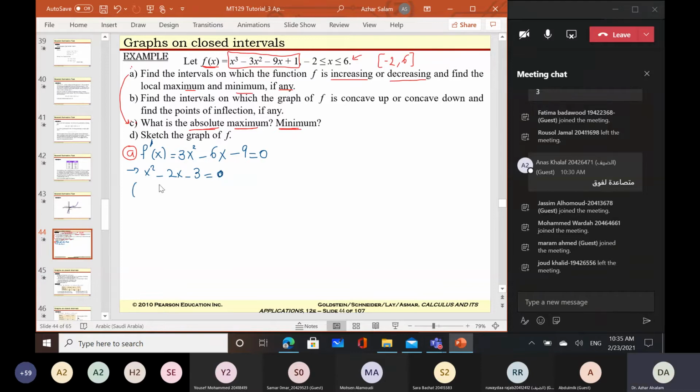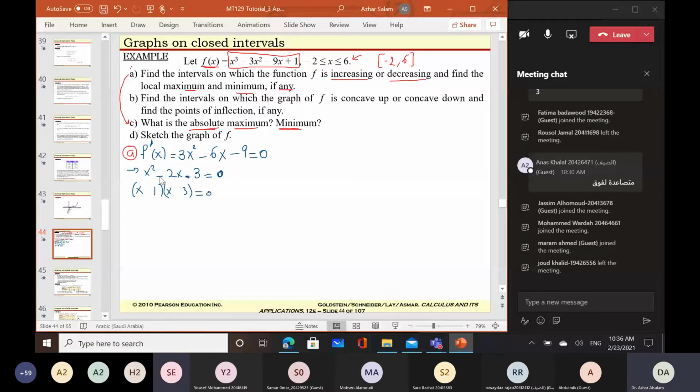Okay, I can here factorize: x and x. Of course, I have 3, so the only possibility is 3 and 1, and the signs should be different.